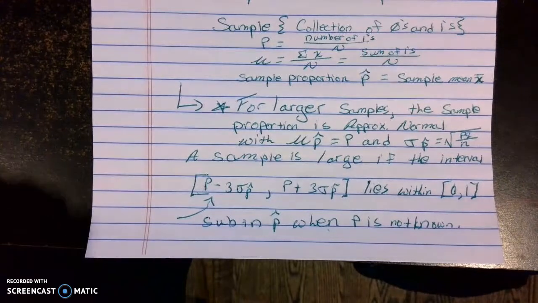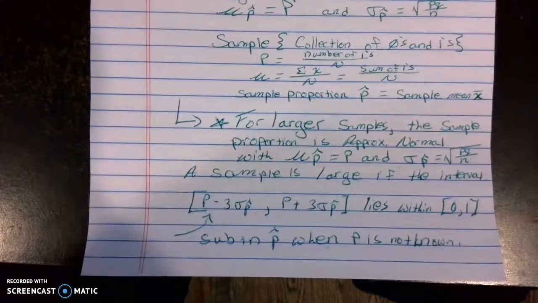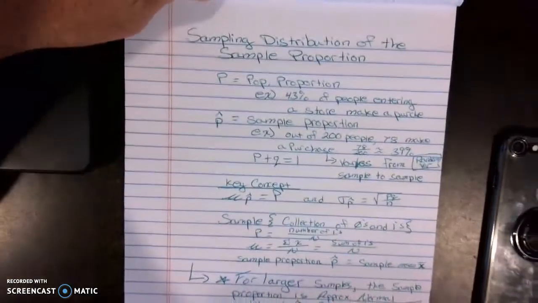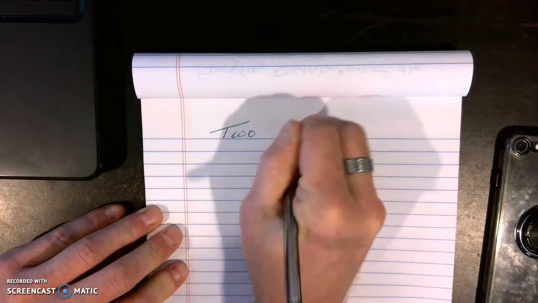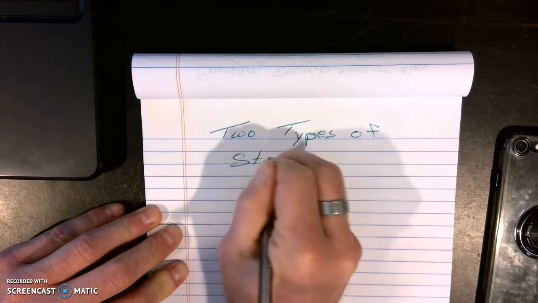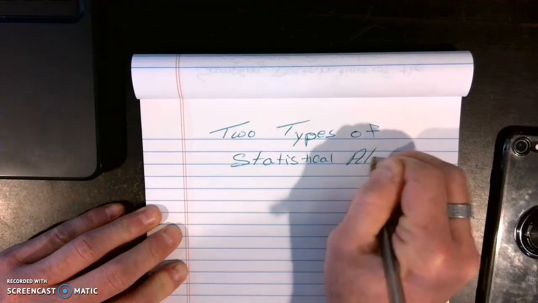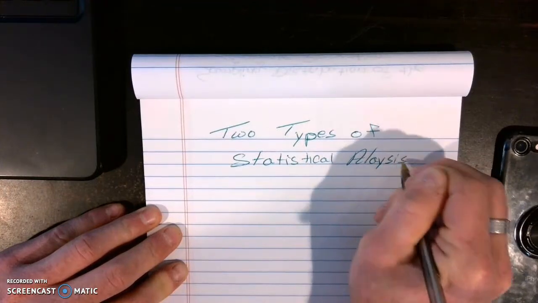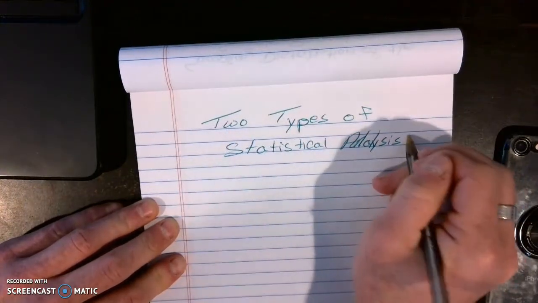But one thing I do want you to understand, and then I'm going to end this video, is that we are going to continue to toggle between these two types of problems. We talked about sample proportion, but we also talk about sample mean. I want to flip to another page here just so you understand that. There are really two types of statistical analysis that we are going to work out.